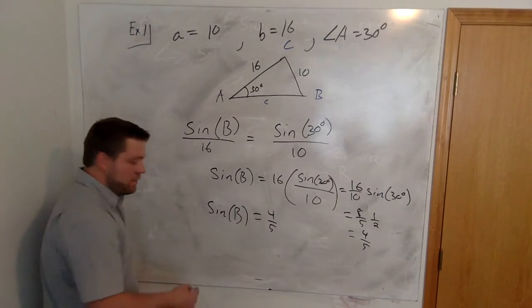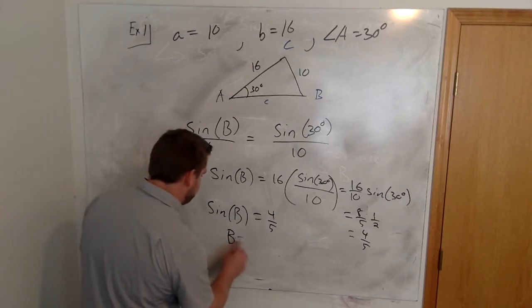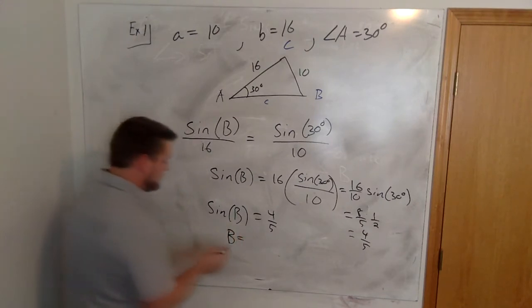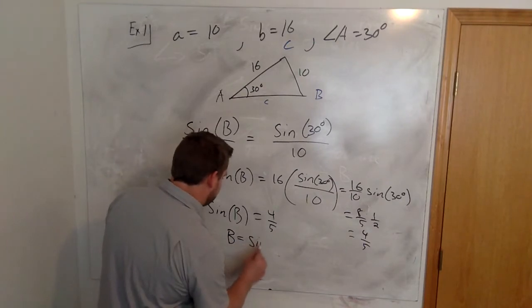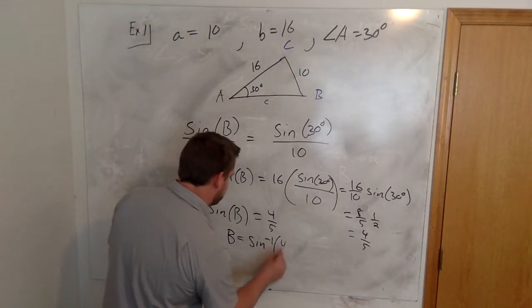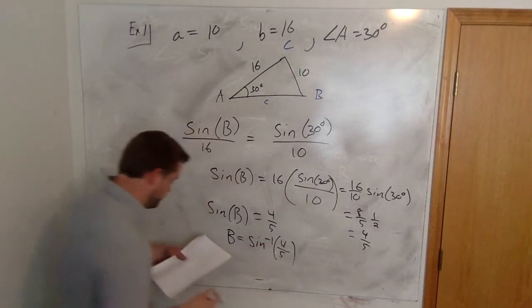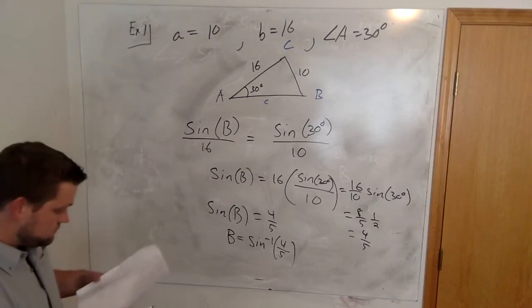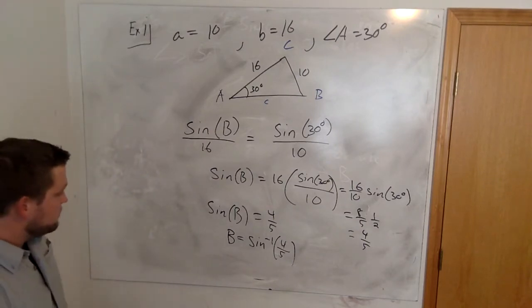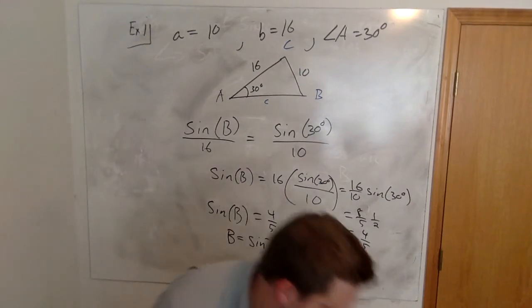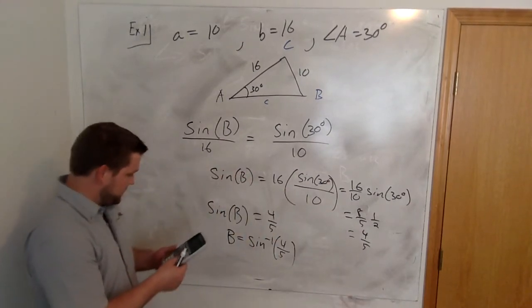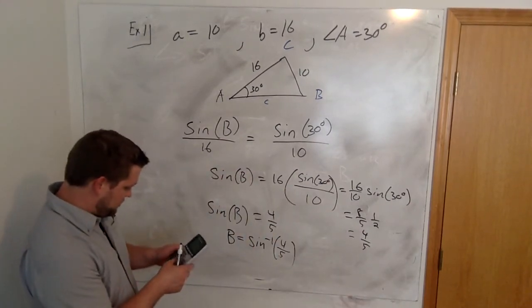So I need to figure out what B is. So B here, I could use the inverse trig function. B will be equal to the arcsine, or sine inverse, of 4/5. Okay, so now we can use our calculator. We'll use our sine inverse button.